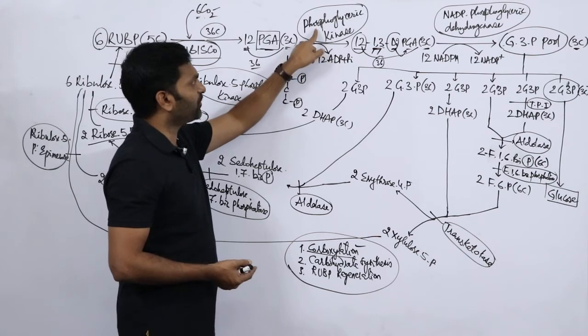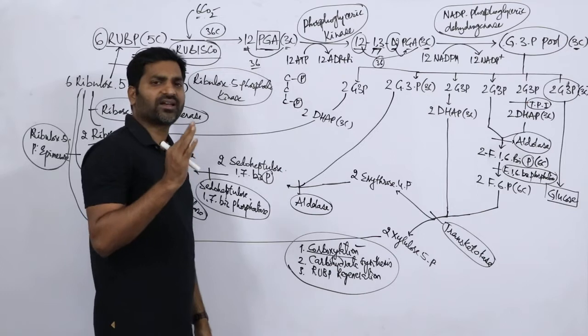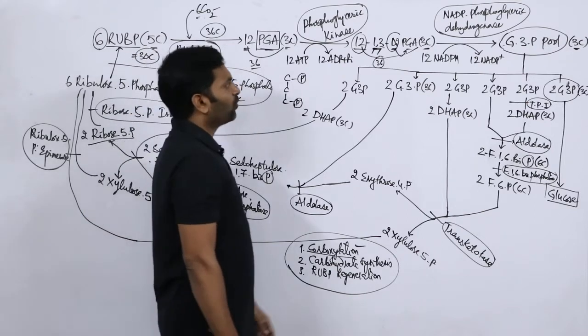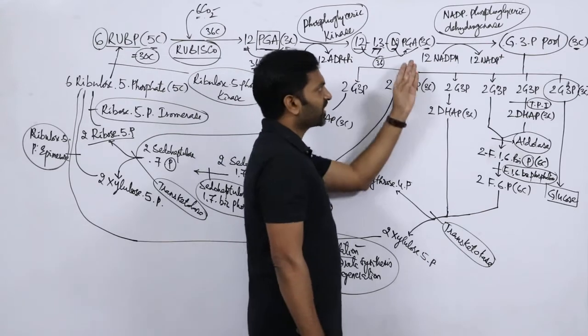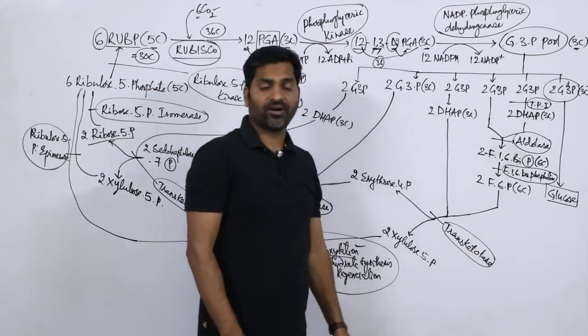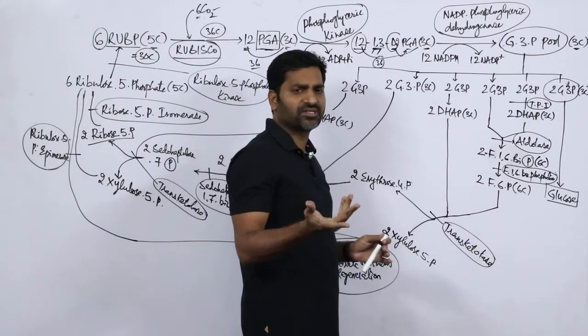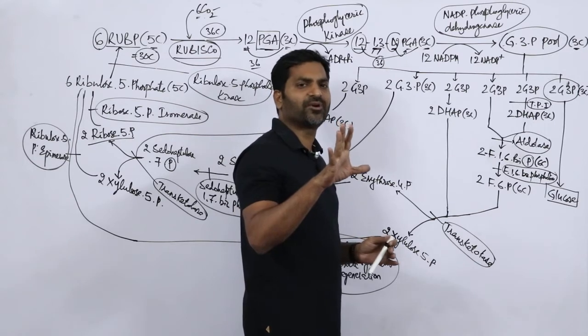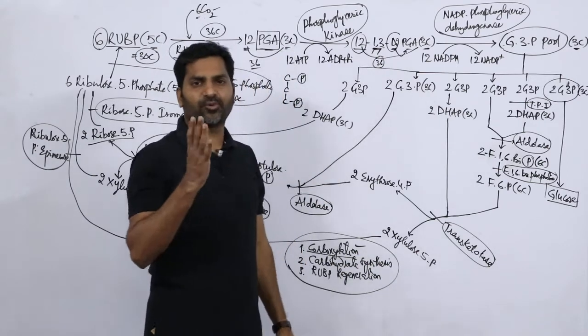This kinase is phosphoglycerate kinase. Now these 12 moles of 1,3-diphosphoglyceric acid are converted into glyceraldehyde 3-phosphate, also a 3-carbon compound. 12 moles of glyceraldehyde 3-phosphate will be formed from 1,3-diphosphoglyceric acid.